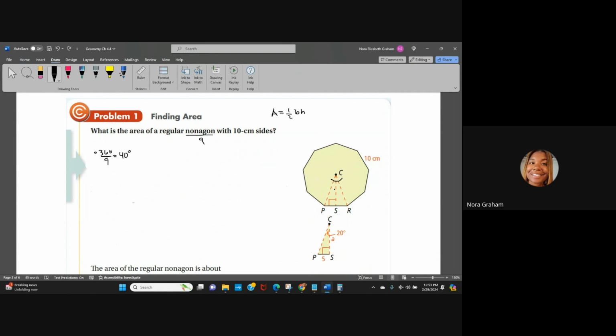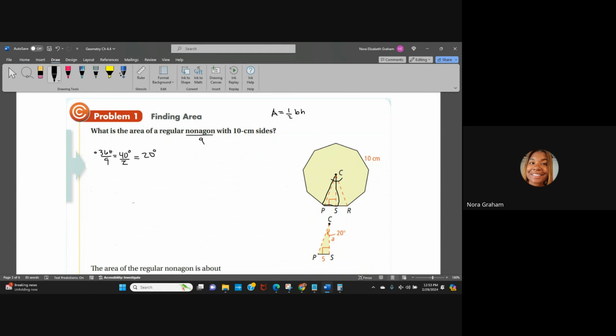I want only PCS, because this is the triangle that I'm worried about and want to calculate. To do that, all I have to do is divide this by 2, because that apothem cuts our angle equally. So 40 divided by 2 gives me 20 degrees.